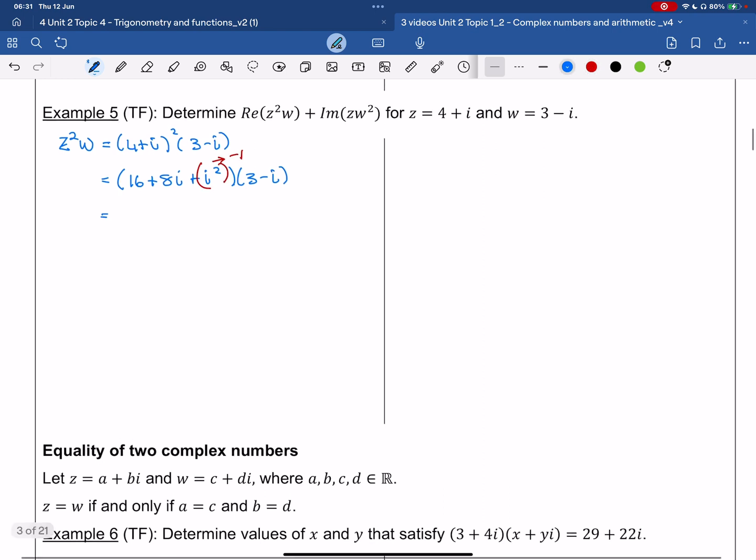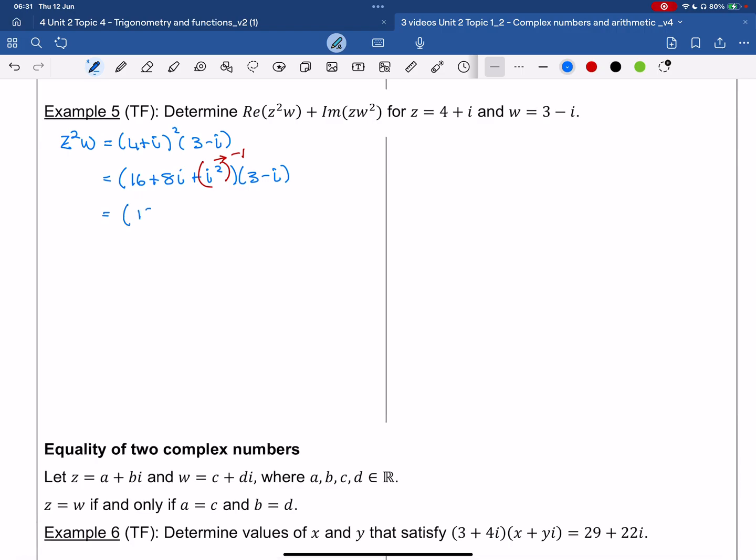So 16 minus 1 becomes 15 plus 8i, times (3 minus i), and now I can expand that. 3 15s, 45, minus 15i plus 24i minus 8i squared.